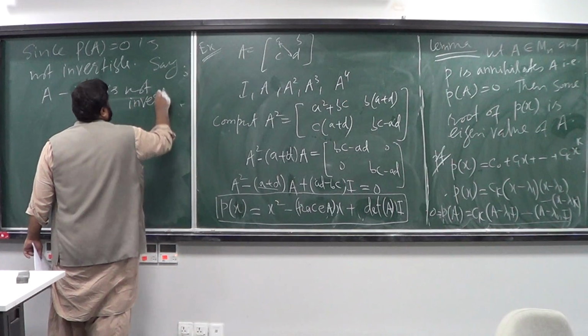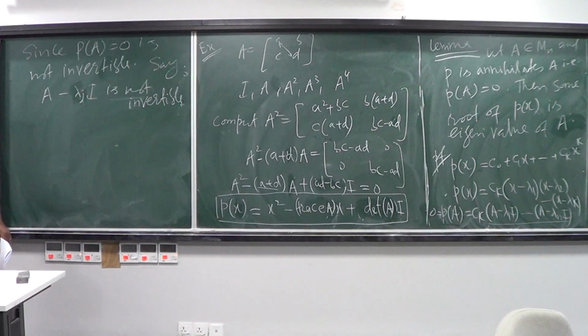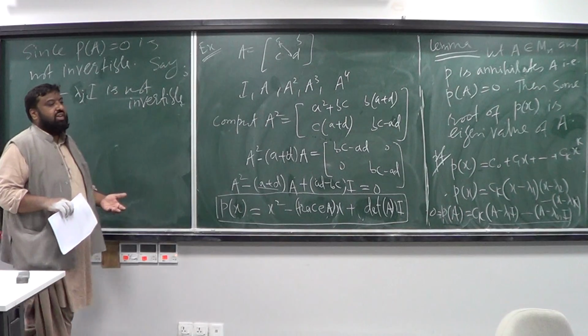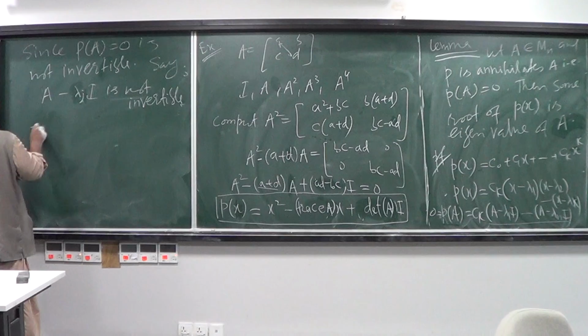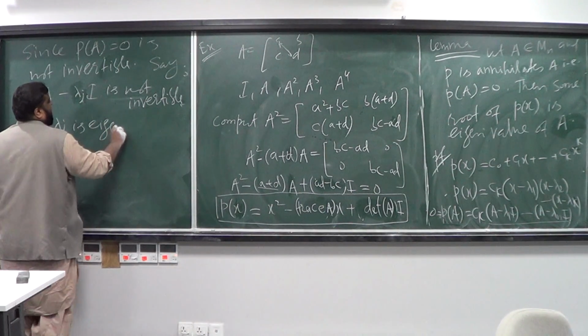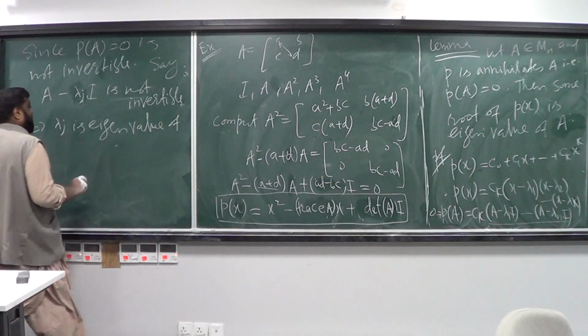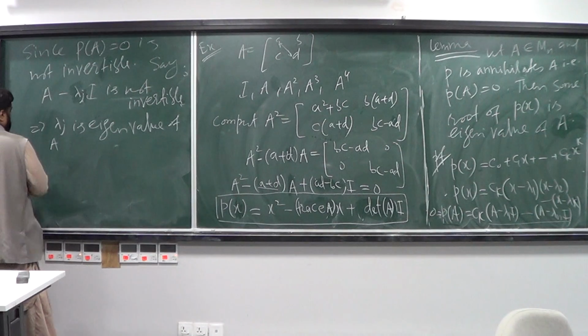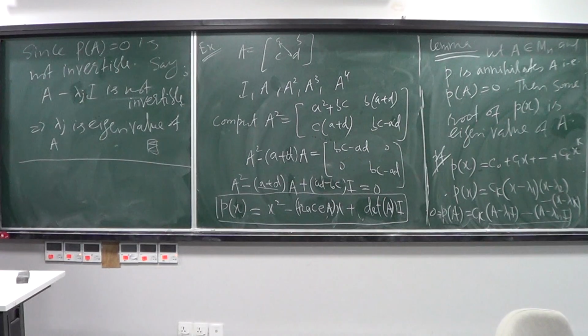Then by the first theorem that we proved, the characterization theorem, lambda is an eigenvalue of the matrix A if A minus lambda I is not invertible. So this means lambda j is an eigenvalue of matrix A, and this completes the proof. So we had an interesting result.